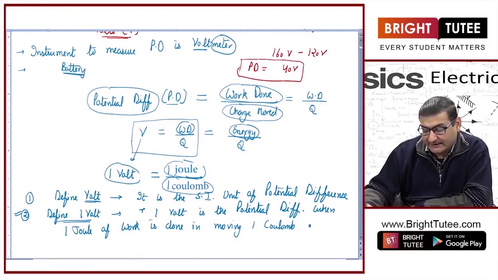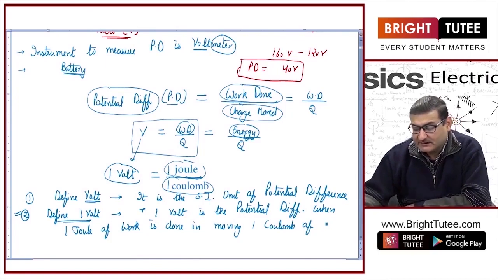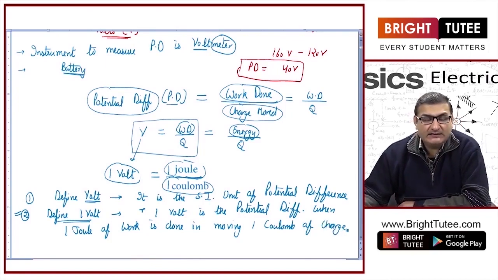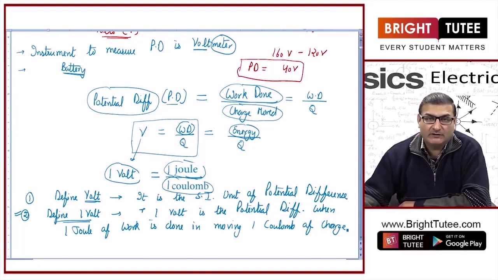Then we say that the potential difference is 1 volt. So now you need to understand the difference between the definition of volt and of 1 volt. Define volt: simply the SI unit of potential difference. And define 1 volt: always through the formula we will be defining it. Fine. So this is about potential difference.